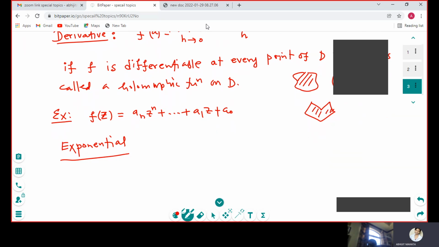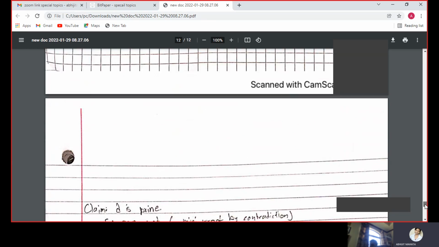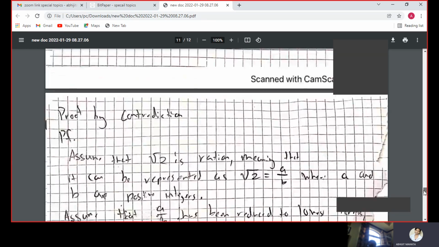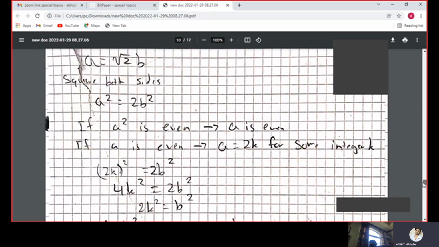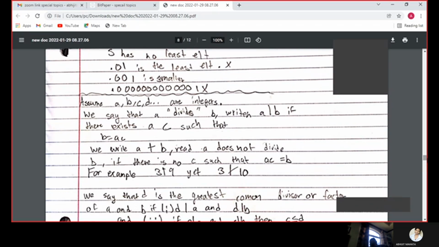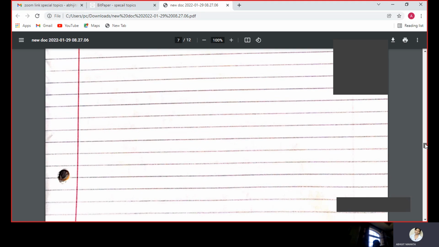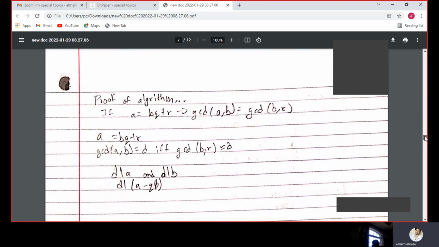So I think you can move to the chapter page number. Oh yeah, for the Liouville theorem I wrote that down, sir.